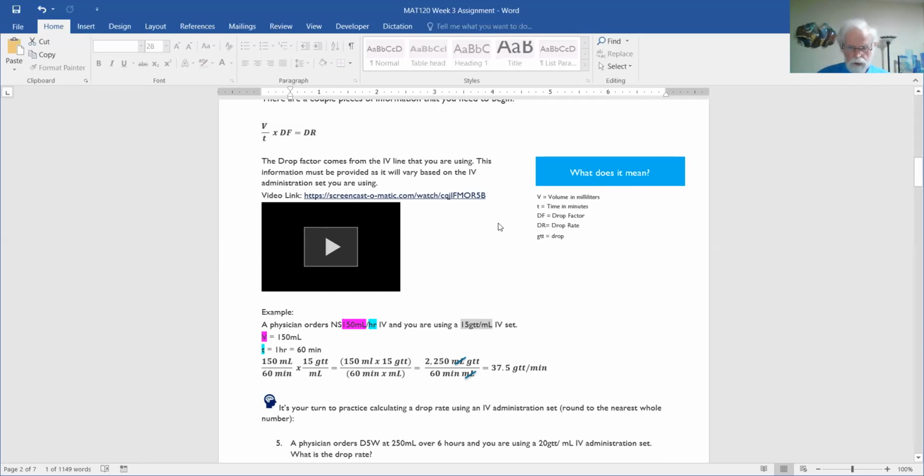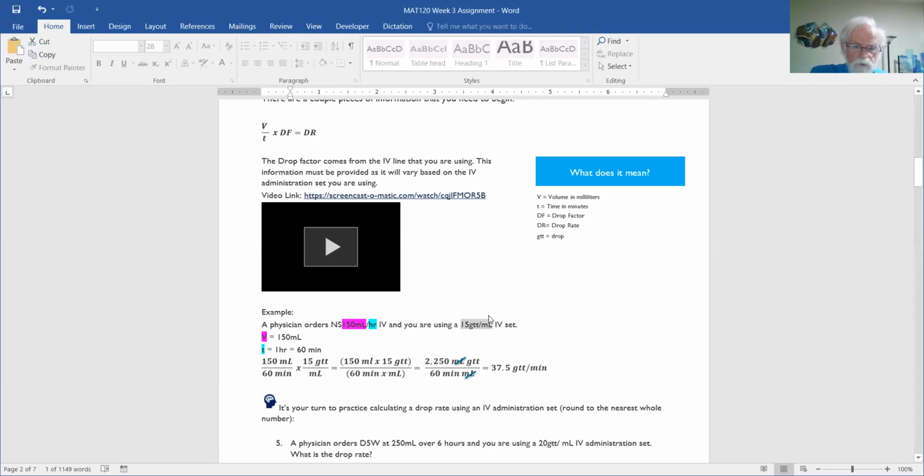Most of the places that I've seen, because these sterile venoclysis sets are expensive, are not going to have all three of those 10, 15, or 20 drop per milliliter sets. Mostly they'll go with something in the middle. Occasionally you're going to need a set that is 10 drops per milliliter for a high volume infusion.